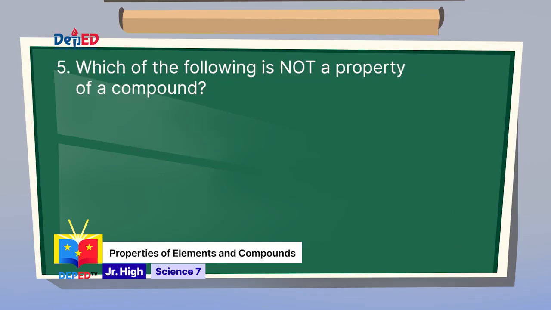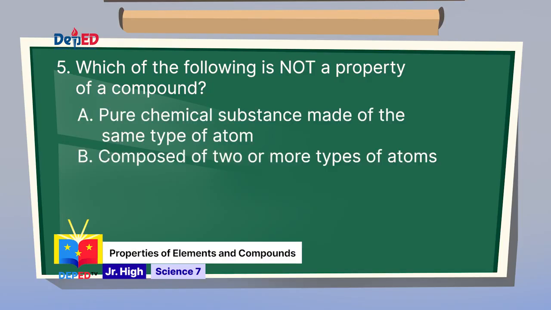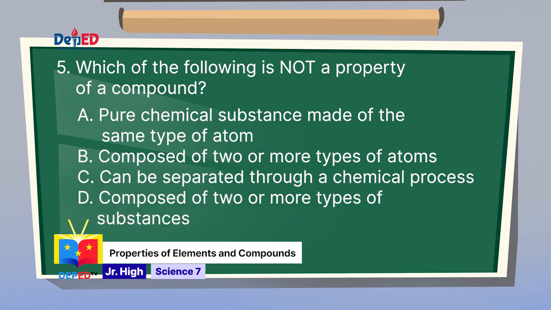Which of the following is not a property of a compound? A. Pure chemical substance made of the same type of atom. B. Composed of two or more types of atoms. C. Can be separated through chemical process. D. Composed of two or more types of substances.